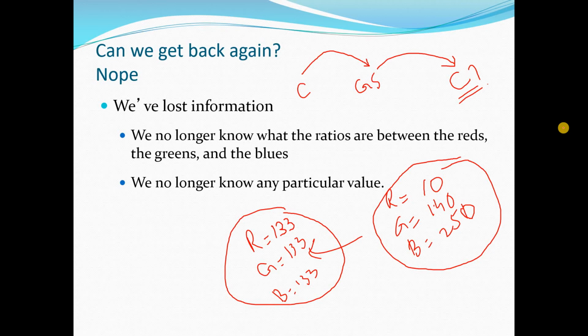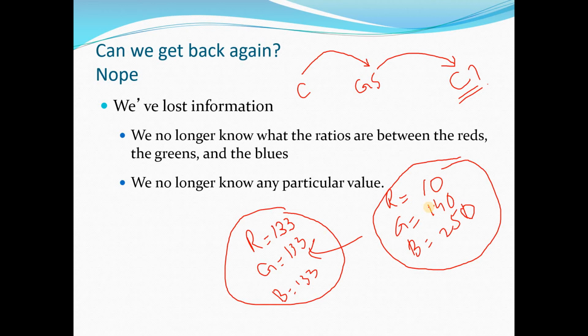Now that this has happened, there is no going back. You cannot convert it back to the original values because that information is now lost. You cannot convert this 133 into 10 and this 133 into 140. So you have lost this information, and with it you have lost the colors. All the colors are gone.